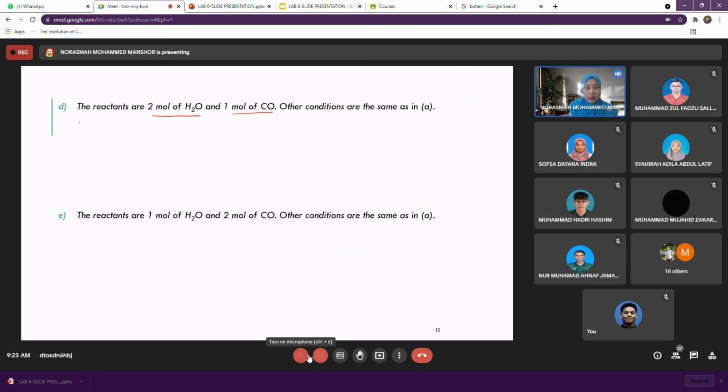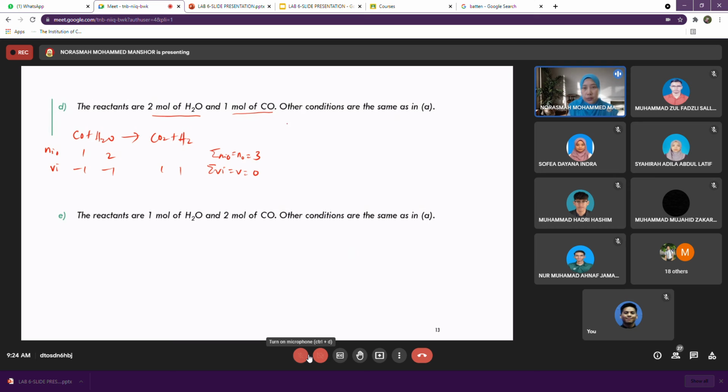Apa reaction tadi? CO plus H2O, CO2 plus H2 kan. Now Ni0 dia bagi CO 1, H2O 2. So summation Ni0 is N0 which is 3. VI samalah, 1, 1, 1, 1.